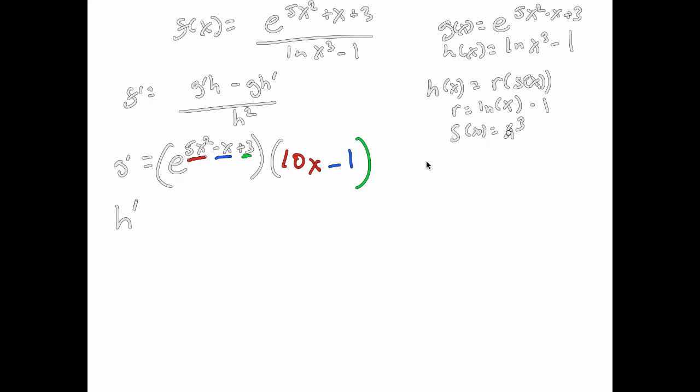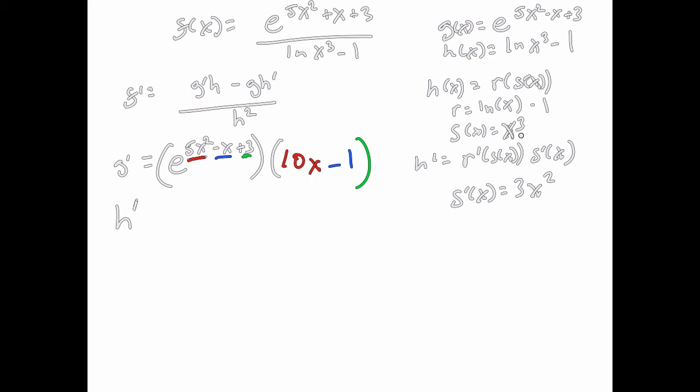So again, we have the chain rule, which says that h prime is going to equal r prime of s of x times s prime of x. Now, s prime of x: s is x cubed, so the derivative of that, using the power rule, is 3x squared. You just pull the 3 down and subtract 1 from the exponent to get that.